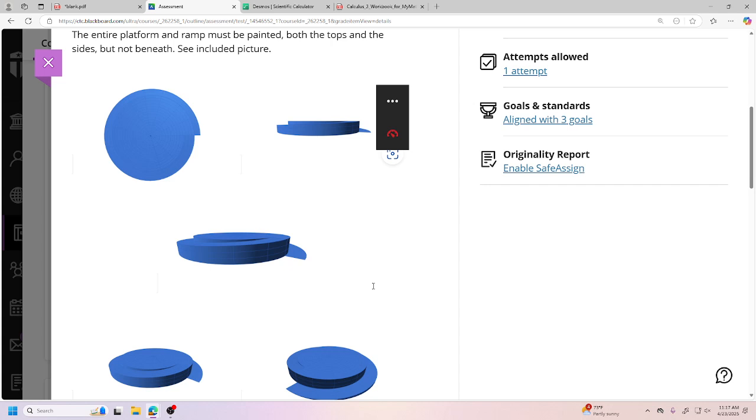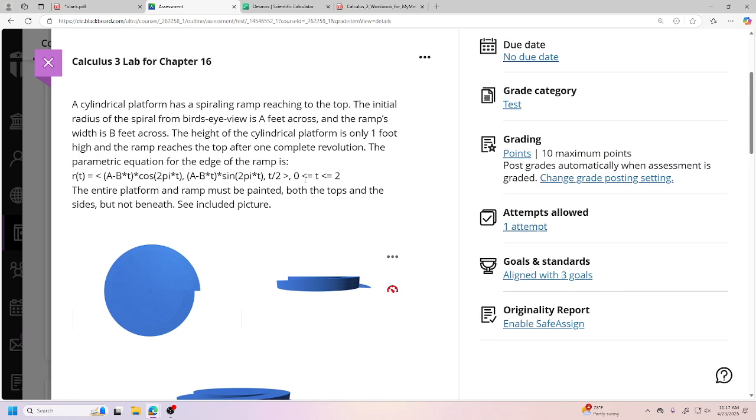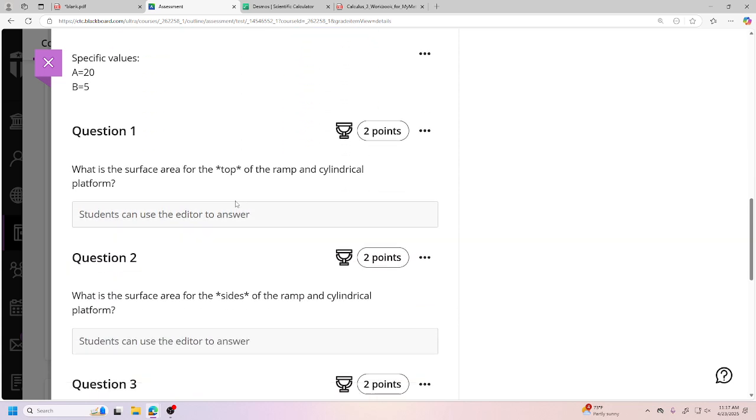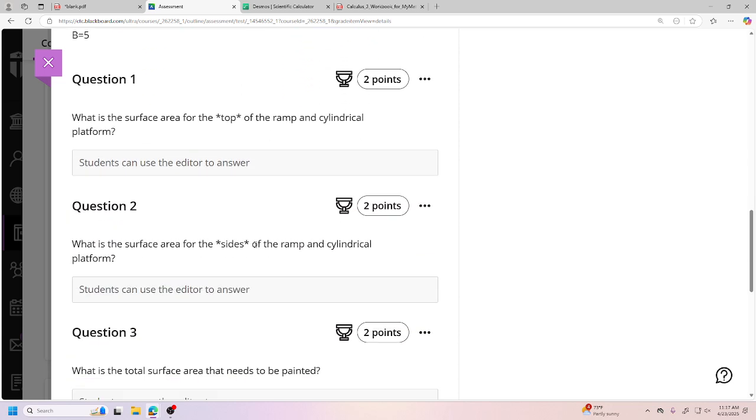The bigger question is, how many buckets of paint do we need? Well, paint would be semi-equivalent to surface area. So we're looking for the surface area of this podium thingy, where you walk up the ramp to the top and can start talking to people, soapbox style. And we got the formula for it. And we're going to use Desmos. And there we go. Find the surface area.